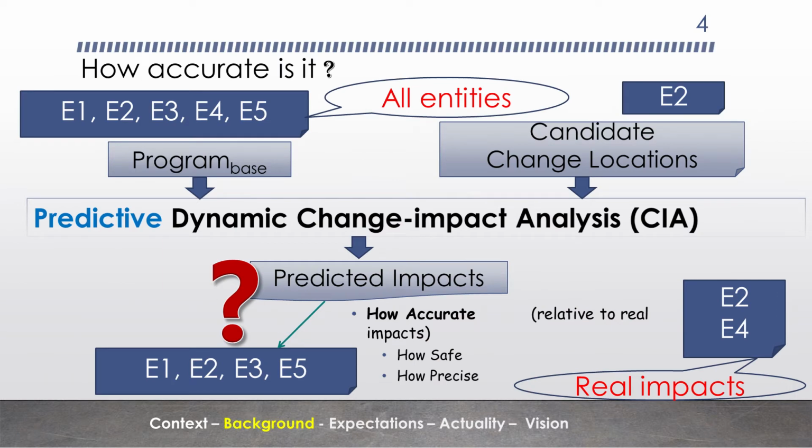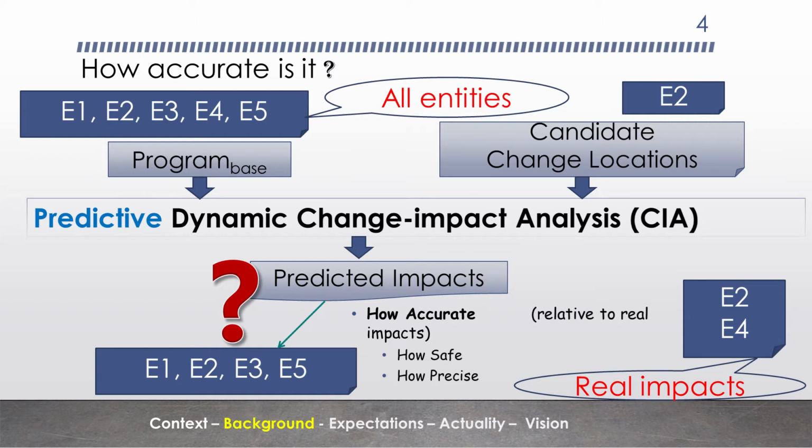This is the typical usage scenario of CIA. It takes as input the program before the change is made, called the base version of the program, and the candidate change locations, and outputs potential impacts of any change at those locations.